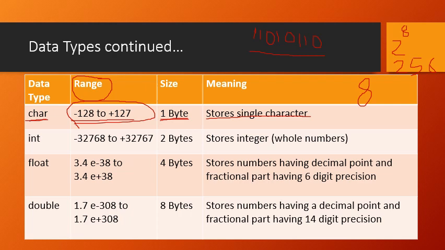So if you just draw a line here and try to put the numbers, on this side you have minus 128, and on the other side here you have plus 127.